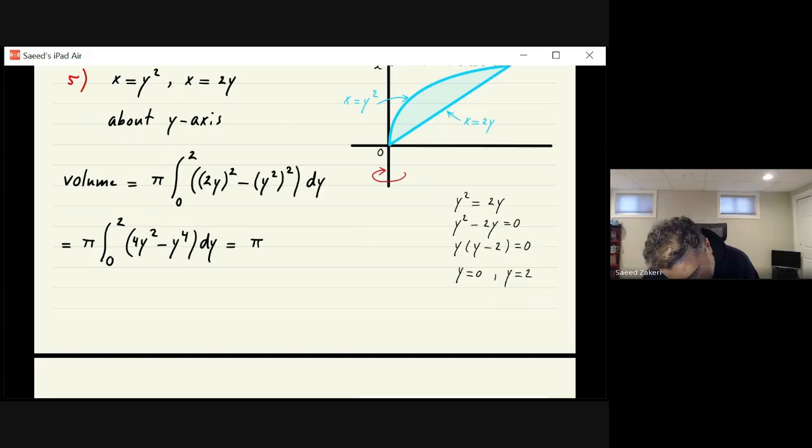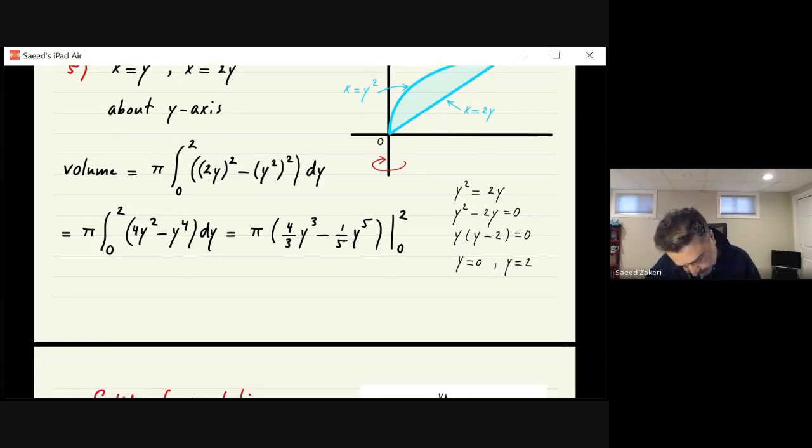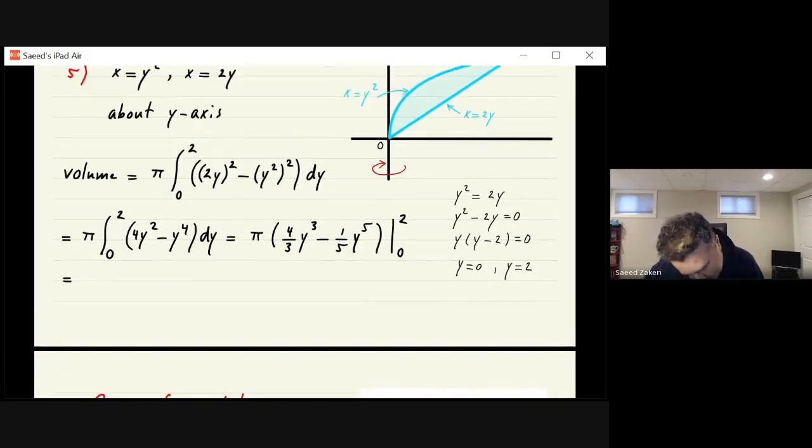That's fine. So that's 4/3 of y cubed minus 1/5 of y to the 5th, evaluated at 2, then 0. So when you plug in 2, let's see, so you have pi. When you take 2 and plug it in for y, you get 32 over 3 minus 2 to the 5th is 32, so it's 32 over 5.